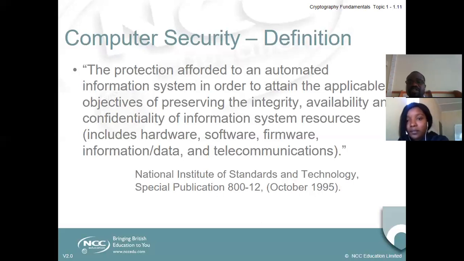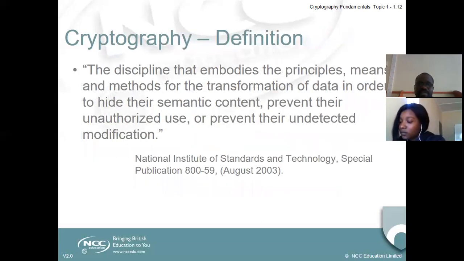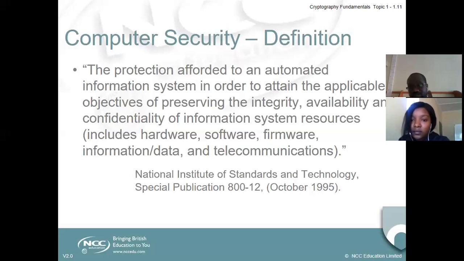You should study availability, what it is about, what is integrity, as well as confidentiality. So that is the definition of computer security, the protection afforded to an automated information system. Automated information system, not manual, only automated.